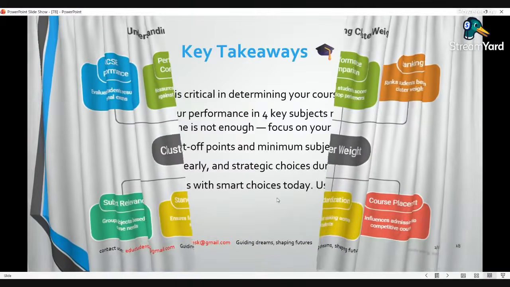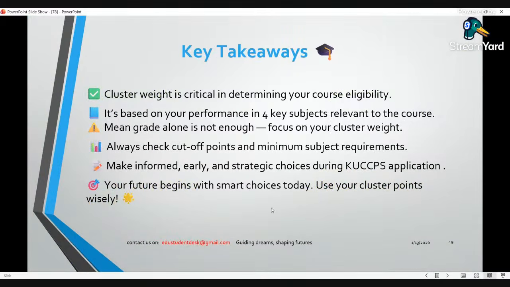So as we conclude, cluster weight is critical in determining your course eligibility, and it's always based on your performance in 4 key subjects relevant to that course. For example, in medicine, it was about biology, chemistry, then math or physics, and one language.